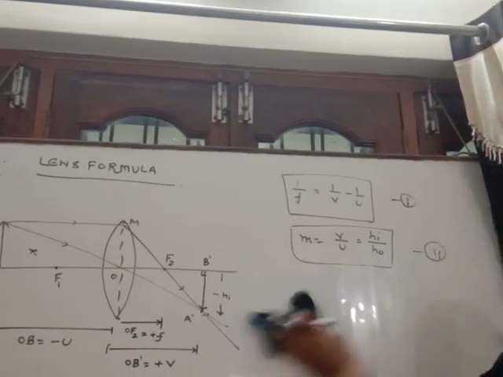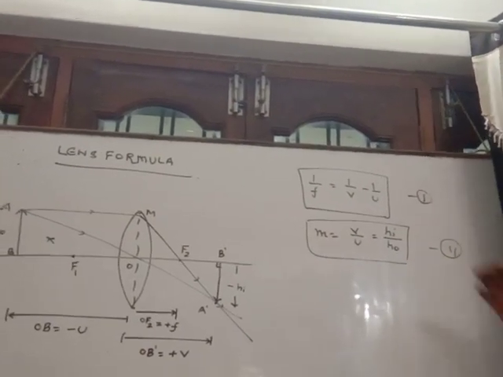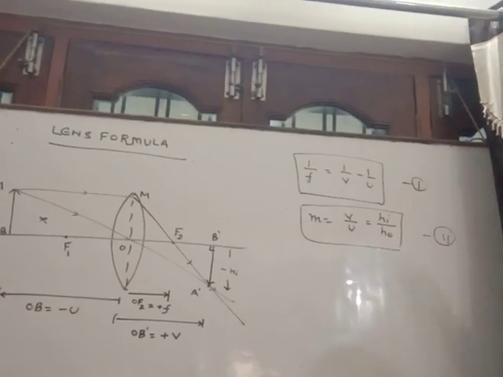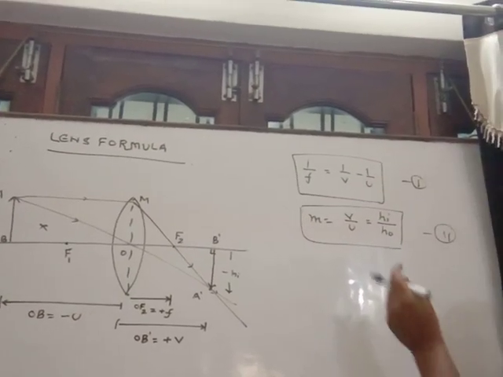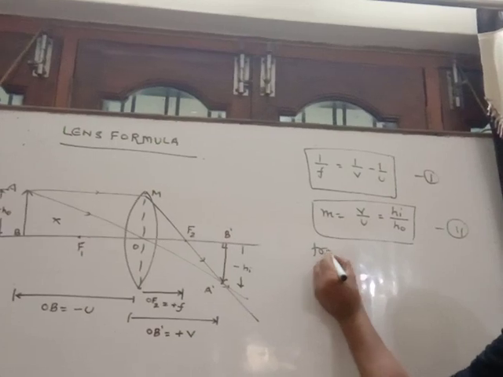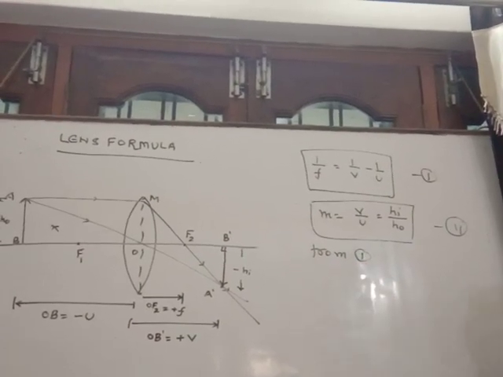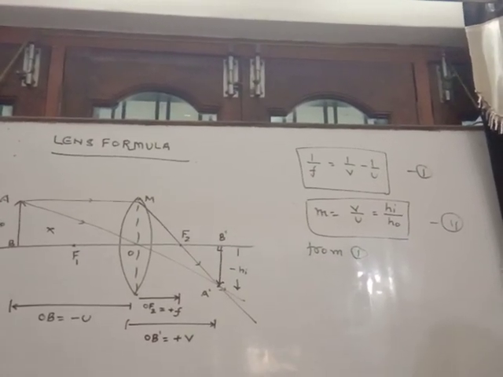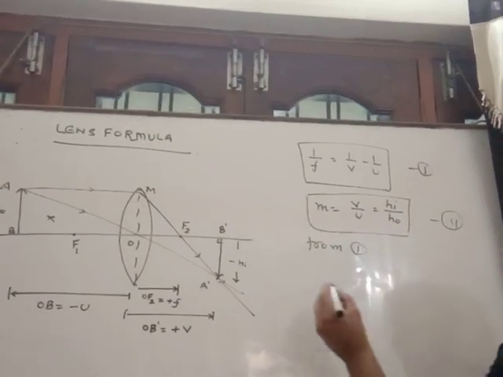Let's see a few derived formulas. What is the relation between these two equations, first and second? From the first, if we multiply both sides by V, what happens then?